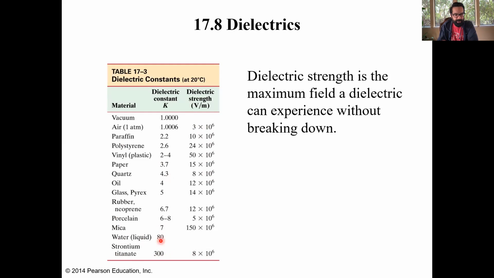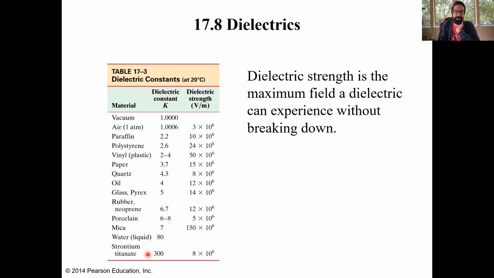It says water here. I'm guessing this water somehow is insulated from the plates. And then you could actually go below. There are materials stronger than strontium titanate, and when we get stronger than that, this dielectric constant shoots way up, and that's an active area of research, right?